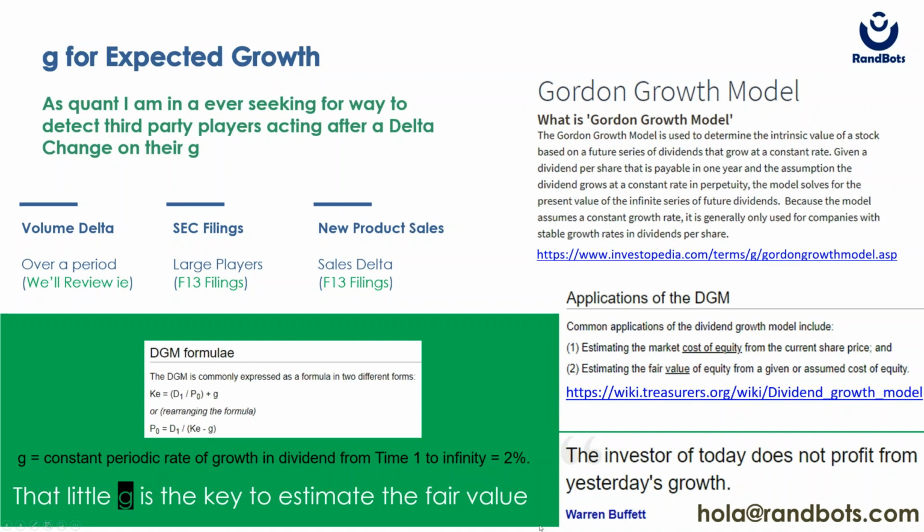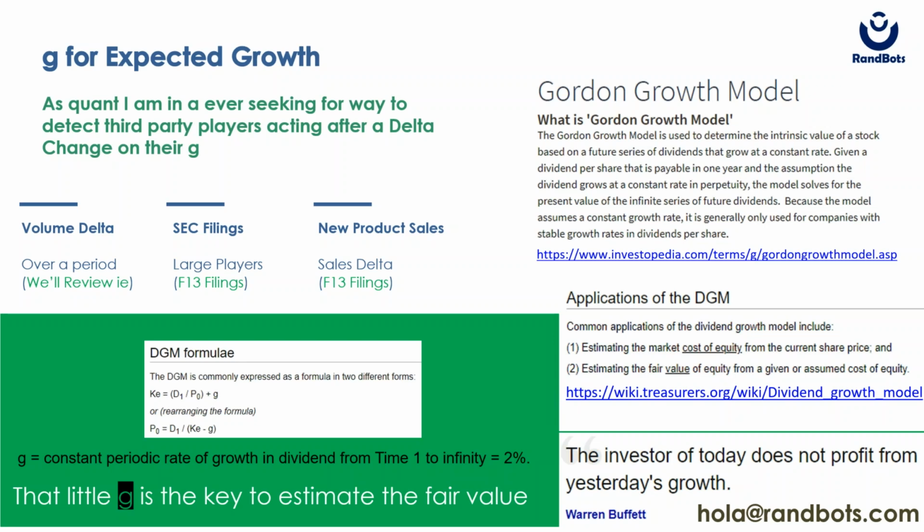And like Warren Buffett said, the investor of today does not profit from yesterday's growth. The way I translate that is, to be able to make money in the market, you have to place a bet, long or short. But the market, sooner or later, has to agree with you.